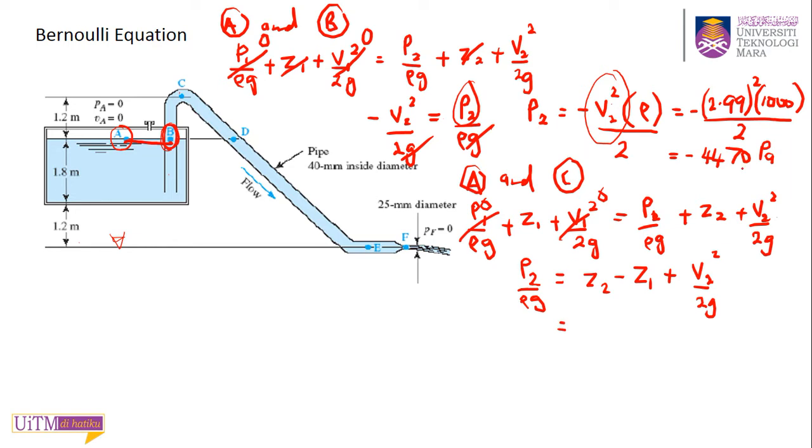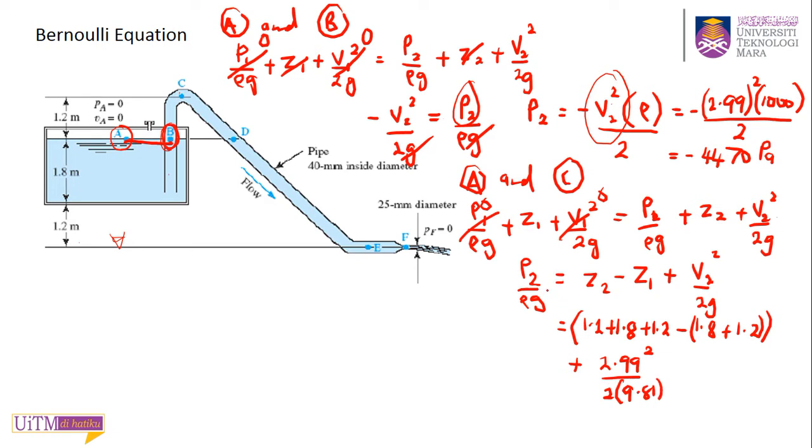Z at C is 1.2 plus 1.8 plus 1.2, minus 1.8 plus 1.2 for ZA, like this, and plus V2 squared, 2.99 squared over 2 times 9.81.